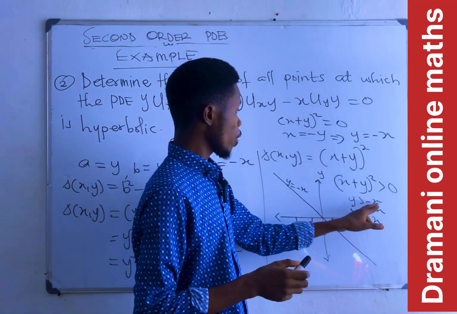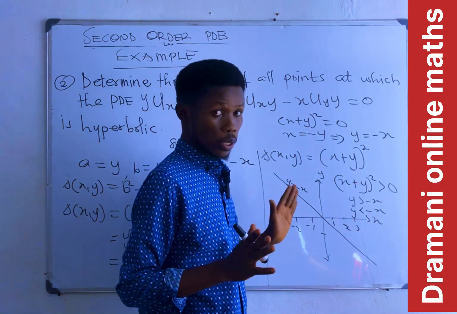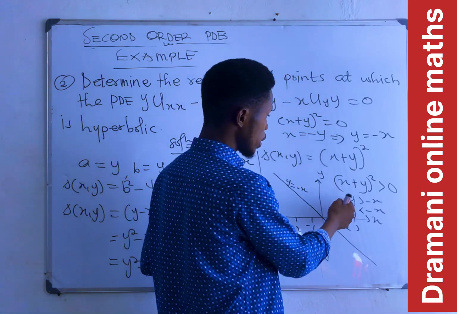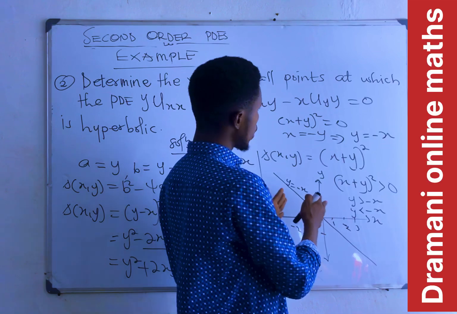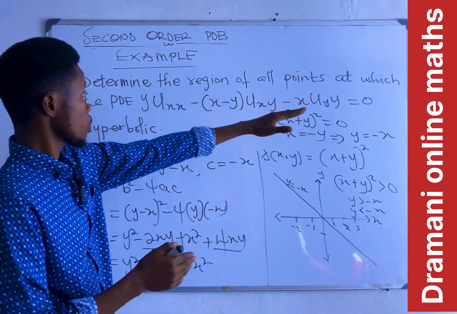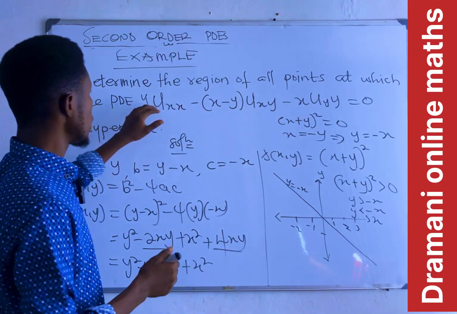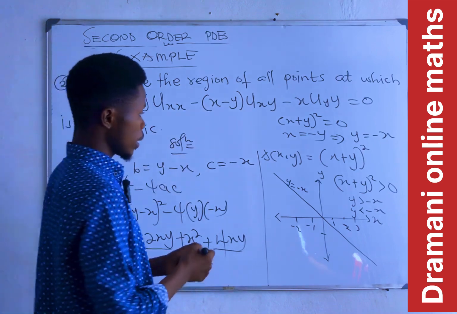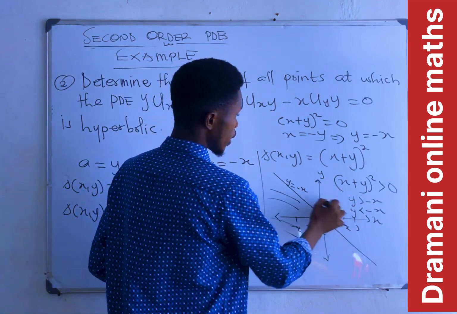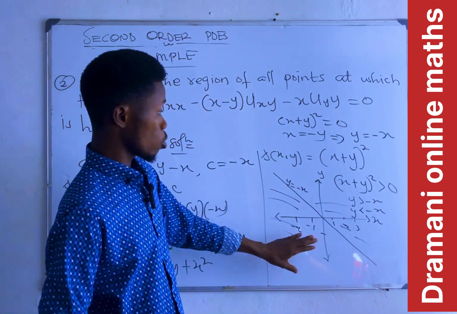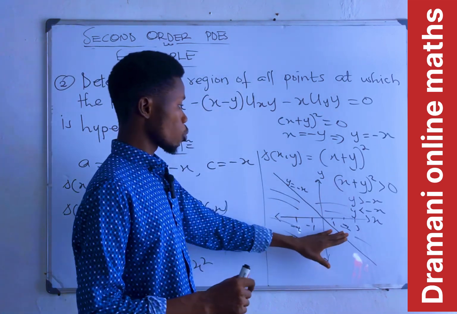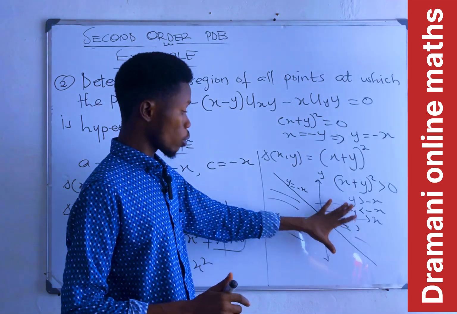Even if I put the negative there and I square, it still gets positive. So the region of points at which the PDE is hyperbolic is this place and that place, except y equals negative x. That's how the conclusion is going to be.